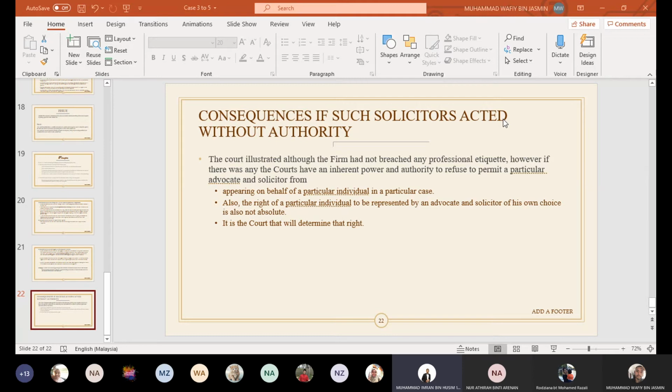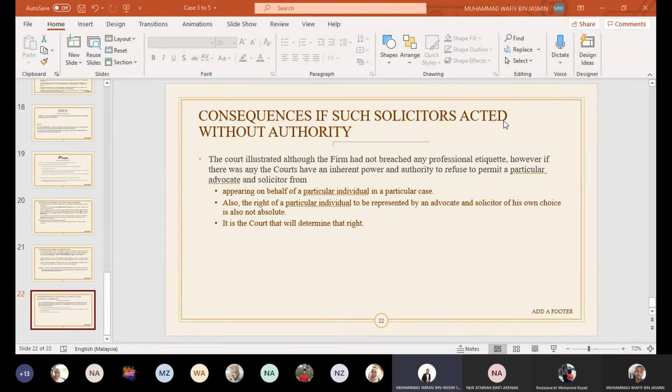It is taken from the case Emperor against Dadu Ramu, All Indian Report. So the right of an individual to be represented by an advocate and solicitor of his own choice is not absolute. So the court will have the right to decide that.